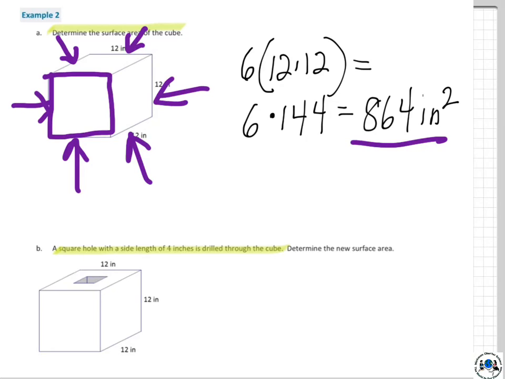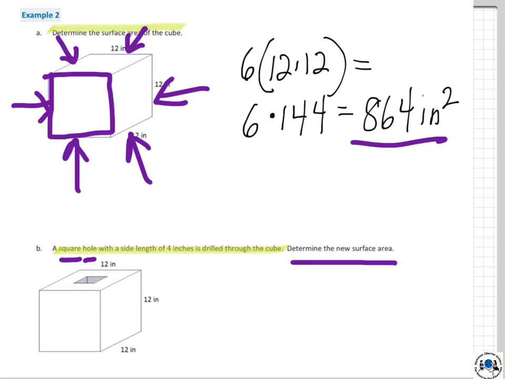So now you're going to go ahead and determine the new surface area. You're going to see you're going to lose some, which is the most obvious, but you're also, a little hint, going to gain some surface area. Okay, so I want to have you struggle with that a bit, and come on back and let's see what you got.